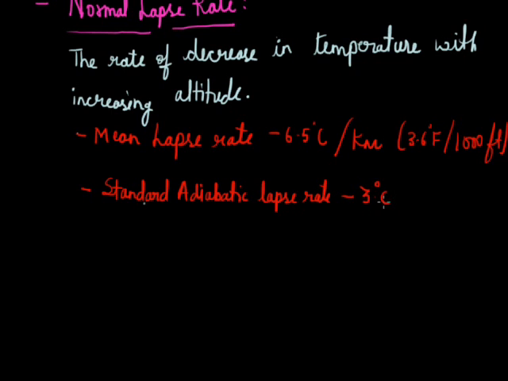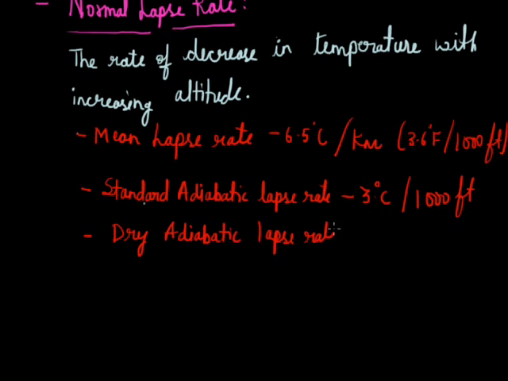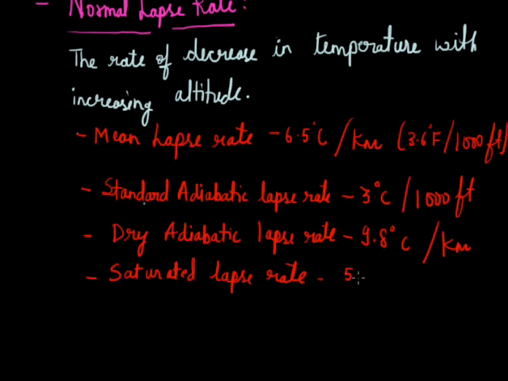So, the standard adiabatic lapse rate is 3 degrees Celsius per 1000 feet. Dry adiabatic, that is when the column of air is not containing humidity, is 9.8 degrees Celsius per kilometer, and saturated lapse rate, when the air column is containing humidity which affects the temperature drop, is 5.4 degrees Celsius per kilometer.